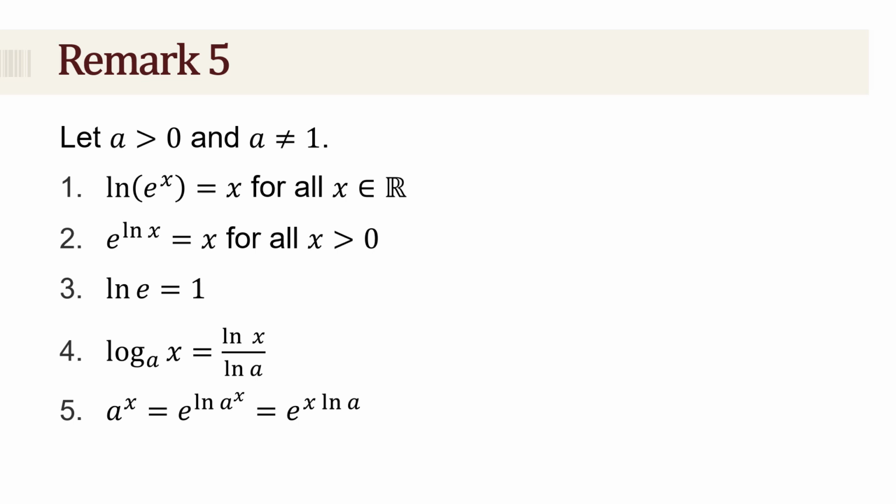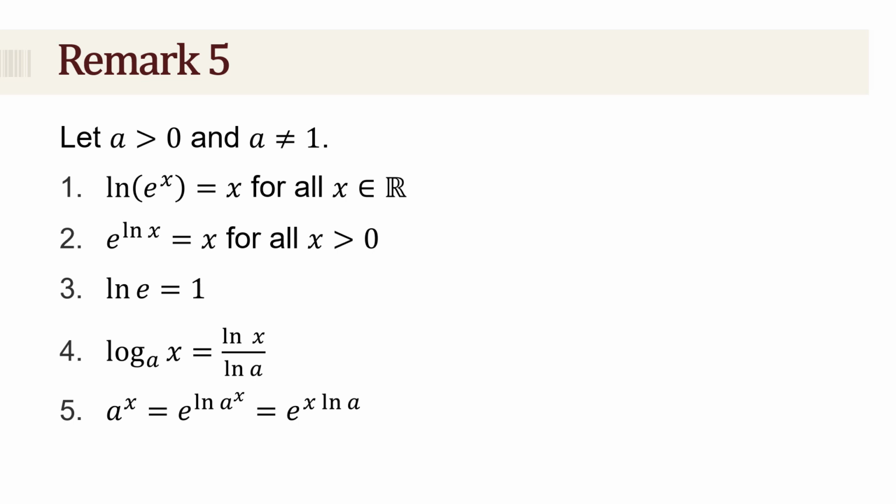Now this is important to note. We let a be greater than 0 and a not equal to 1. Then the ln of e raised to x is equal to x for all x that are elements of the set of real numbers. And e raised to ln of x is equal to x for all x greater than 0.